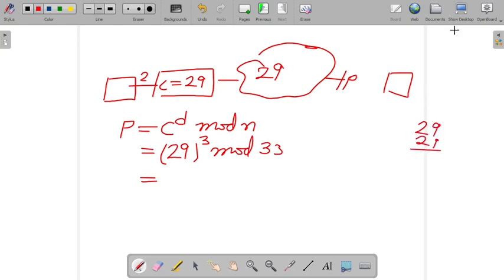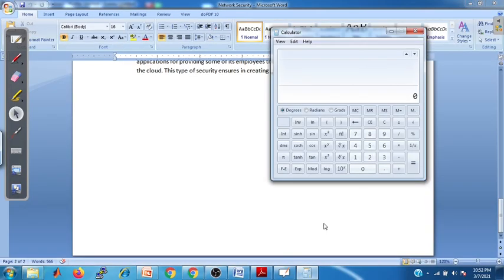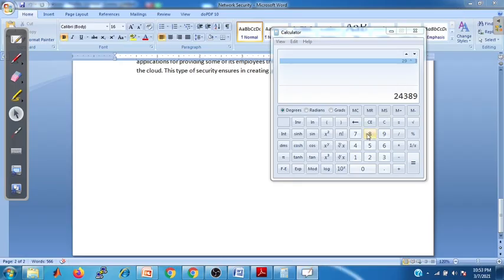It will take time, so let's move to the calculator. 29 to the power 3 is 24389. Just write down 24389 mod 33. Just go and solve it.